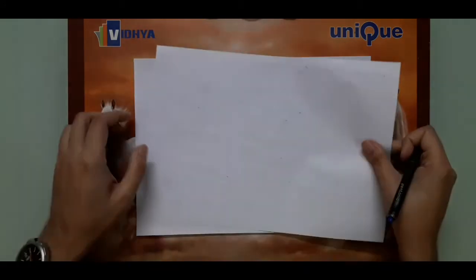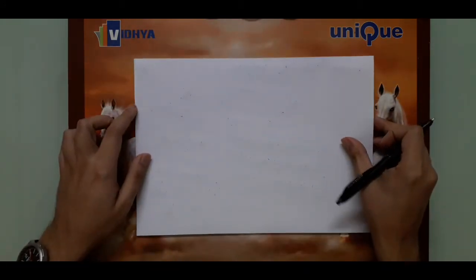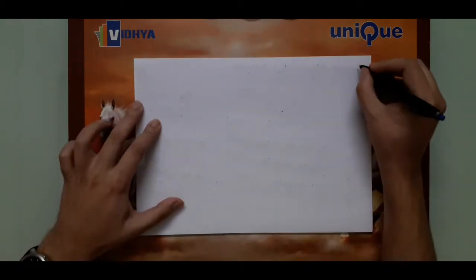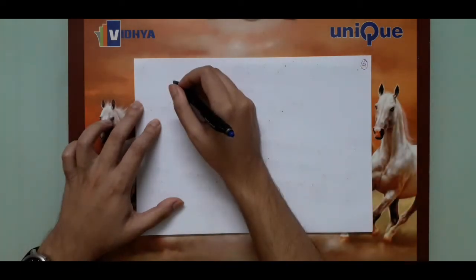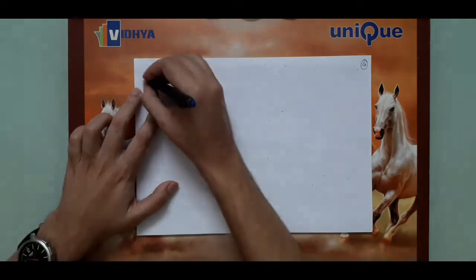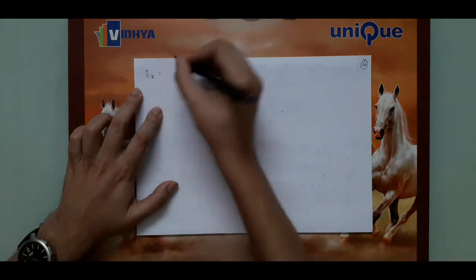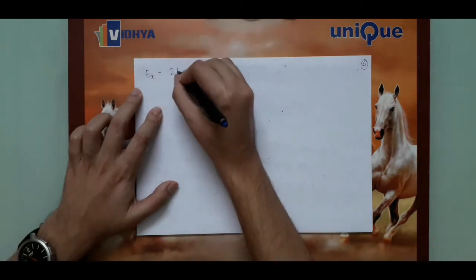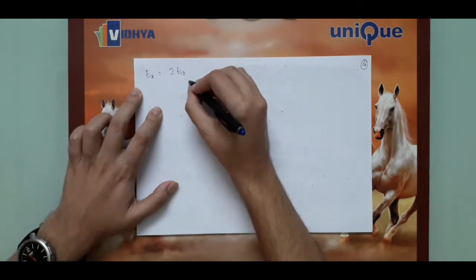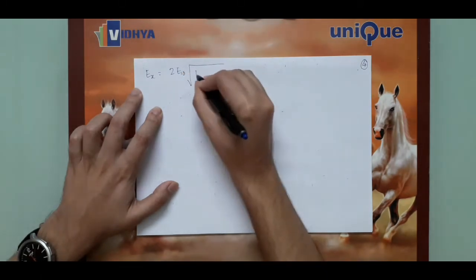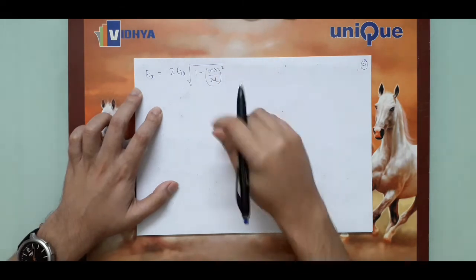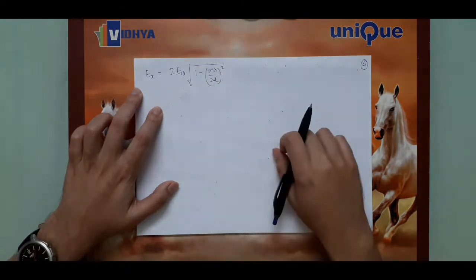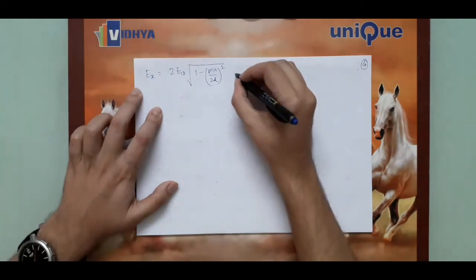Now if we want to represent all three fields without using theta, just like how we did for the transverse electric case, we will get Ex is 2Ei0, this is a sine term, so it will be the square root of 1 minus cos square.